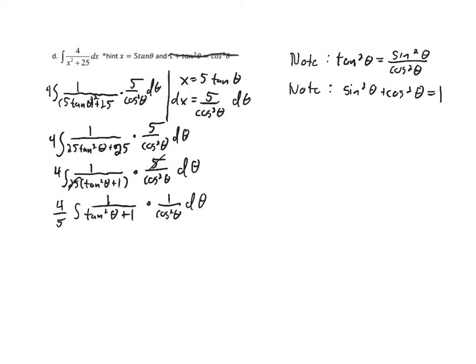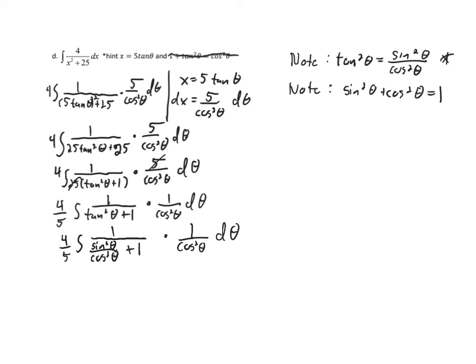Now, see how we had this note up here in our upper right that tangent squared is really sine squared theta over cosine squared theta? I'm going to replace tangent squared theta with that. So 4 over 5 times 1 over sine squared theta over cosine squared theta plus 1, times 1 over cosine squared theta d theta.